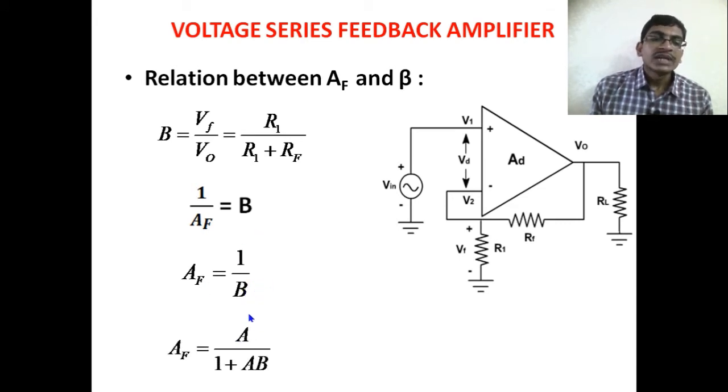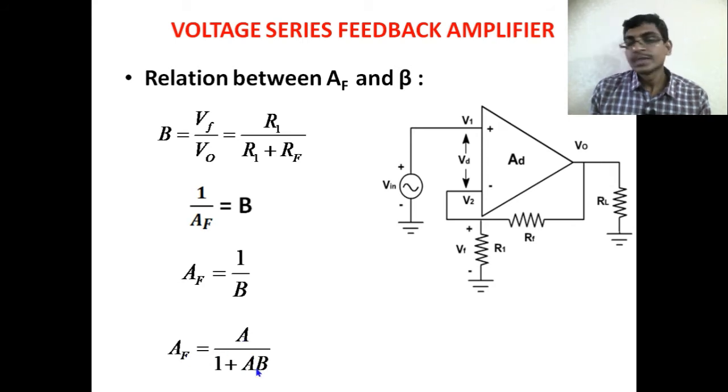So we already know AF can be written as A by 1 plus A beta. In this equation, A beta is very much greater than 1, so we can neglect the 1 from the equation. So AF is equal to 1 by beta, we get automatically.